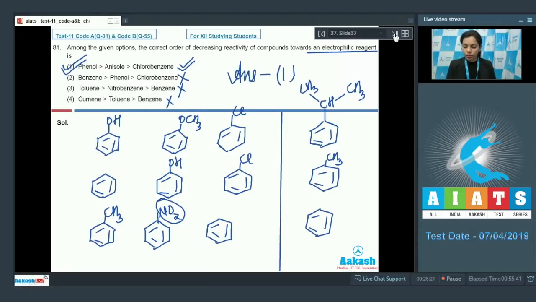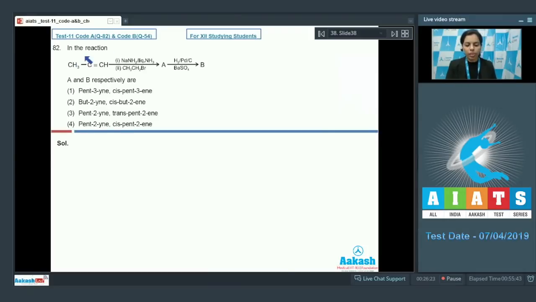Now, after that, question number 82 we have. In the reaction, propyne is given. It is treated with NaNH2 in liquid ammonia, followed by the reaction with bromoethane. After that, the product A is formed. Further, it is treated with hydrogen in the presence of palladium on carbon in the presence of BaSO4 to give you B. You need to identify A and B. In this case, if I talk about the first process, CH3C triple bond CH, propyne we have.